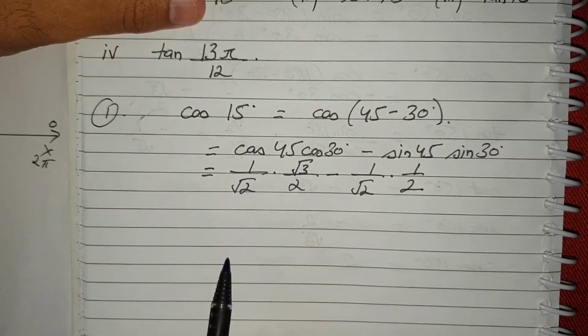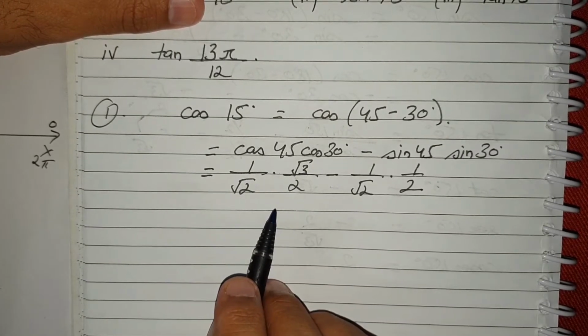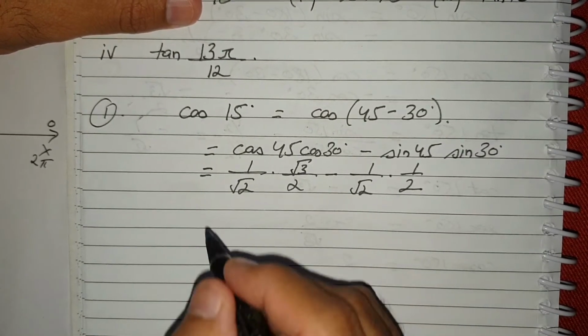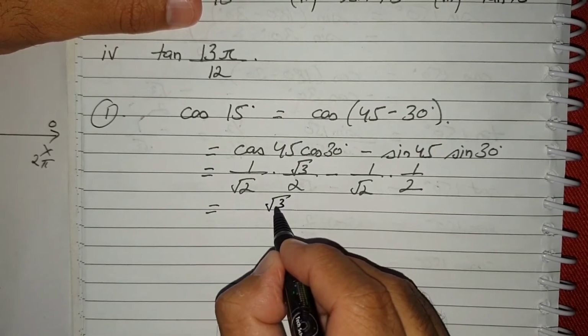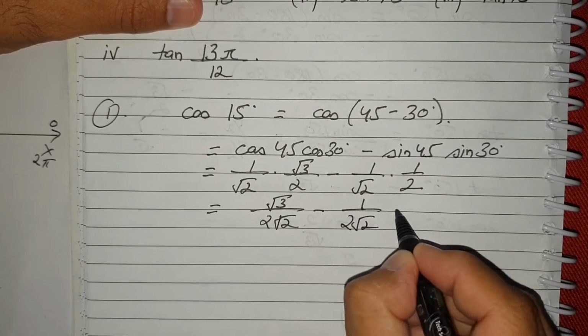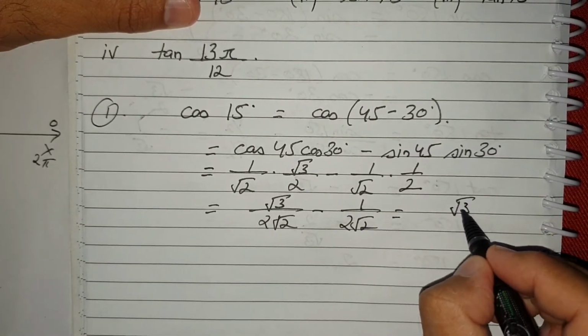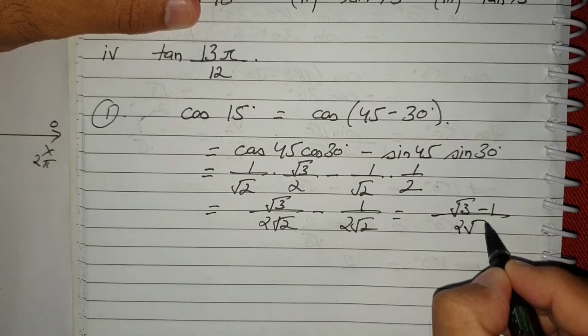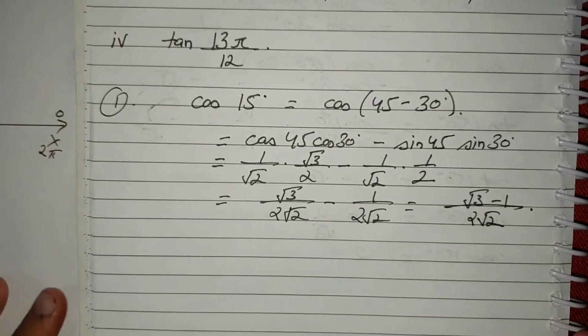So this is root 3 by 2 root 2 minus 1 upon 2 root 2, so basically root 3 minus 1 by 2 root 2. This is cos 15 degree.